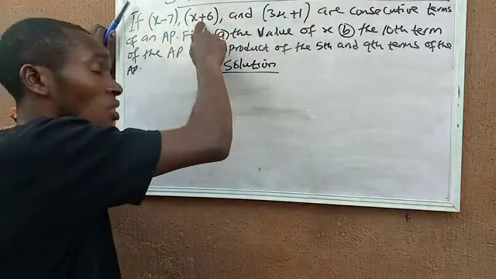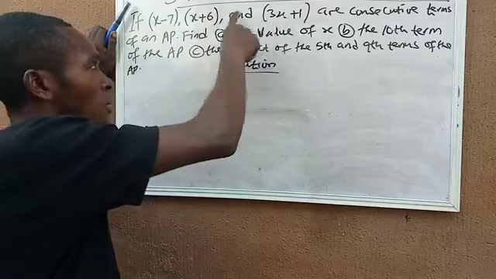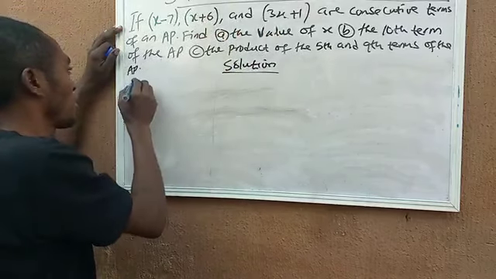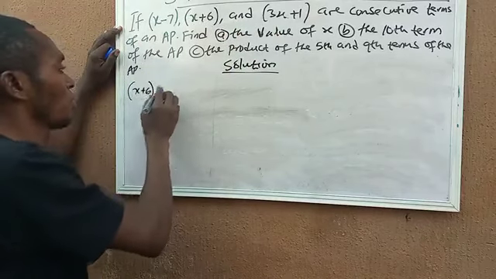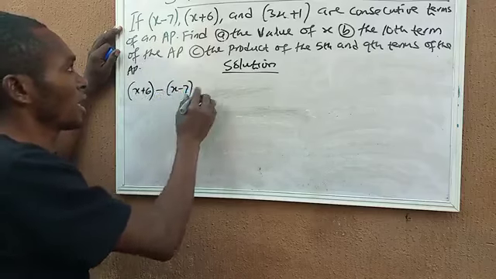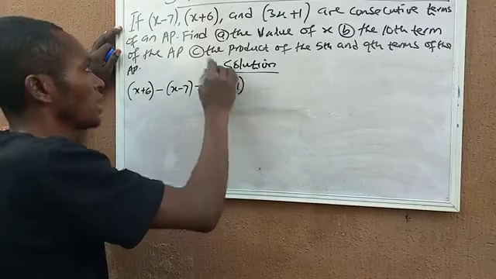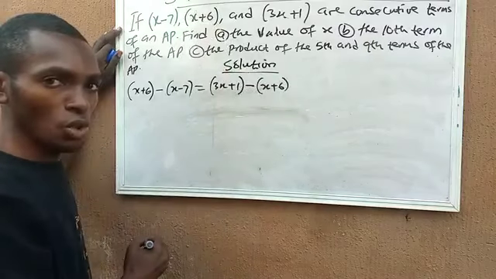So we have (x plus 6) minus (x minus 7) equals the same thing as this in a bracket minus this in a bracket.